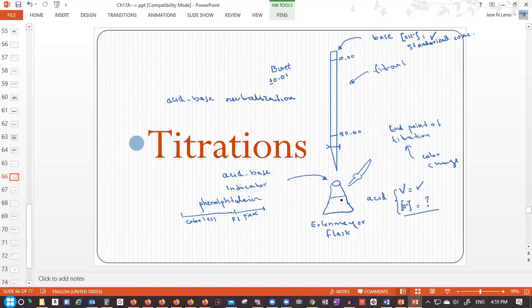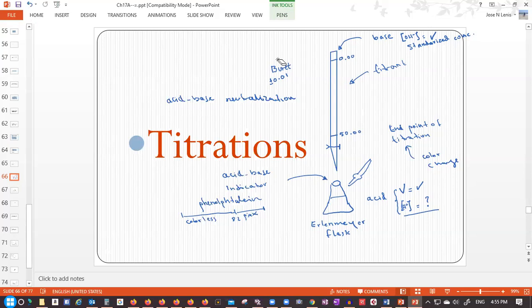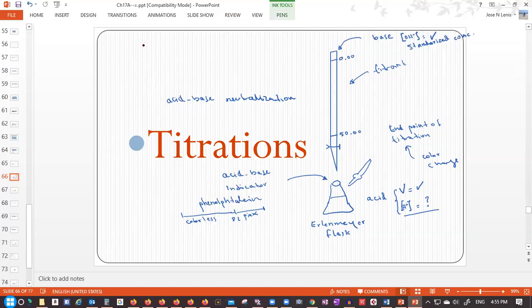So that's basically titration. And what we want to achieve here is acid-base neutralization. And what is that? What is the acid-base neutralization? So we have an acid reacting with the base to form what?